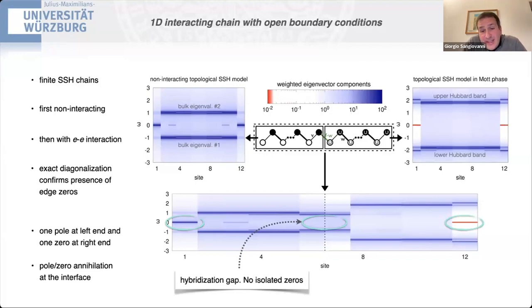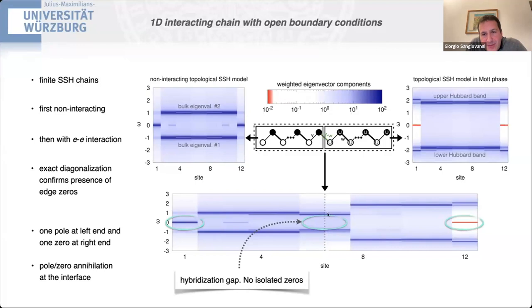So the chain does not have isolated zeros in the center, which somehow is reasonable from the point of view of topology, because if the two systems have the same topological index, there cannot be a gapless edge state or boundary state in the center.